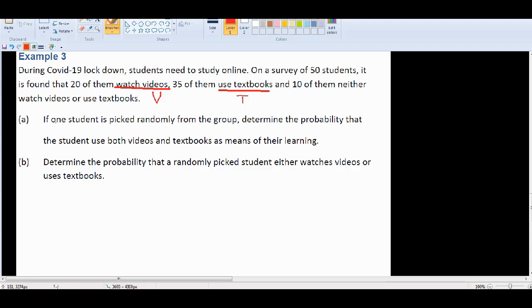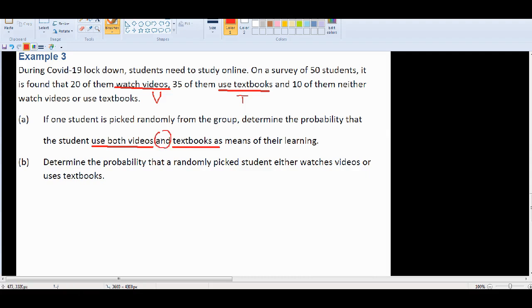For the first one, if one student is picked randomly from the group, determine the probability that the student uses both videos and textbooks. So what kind of probability is it?